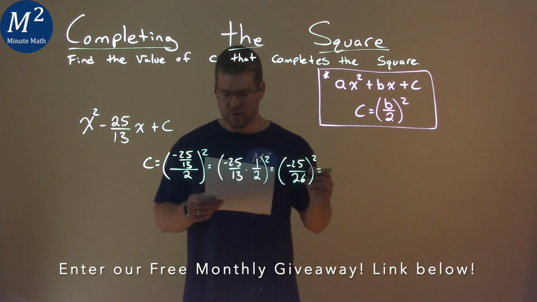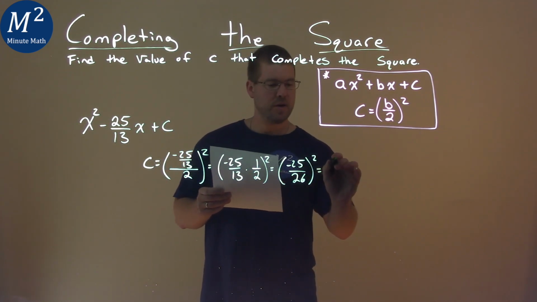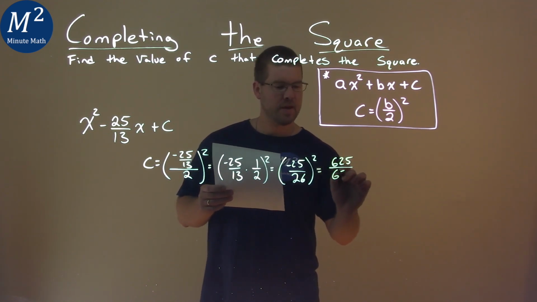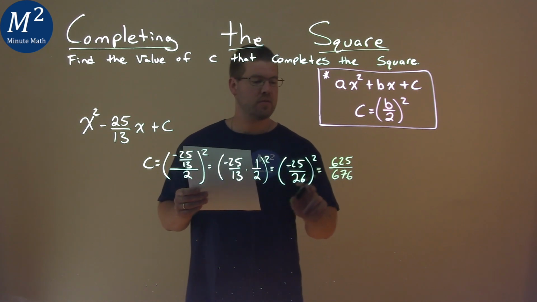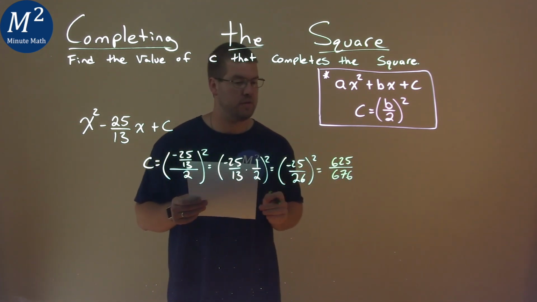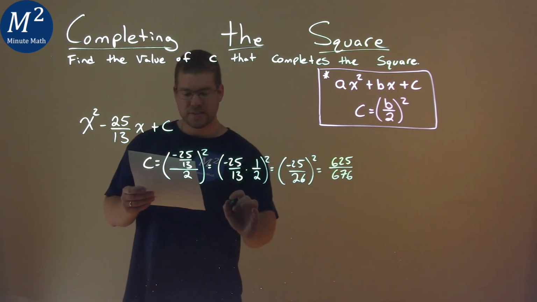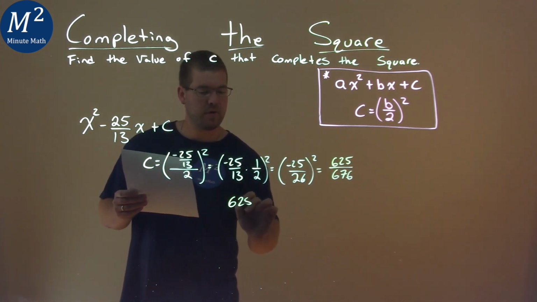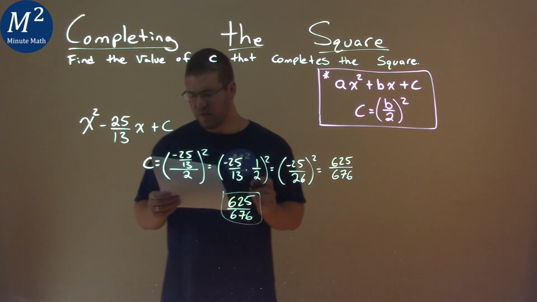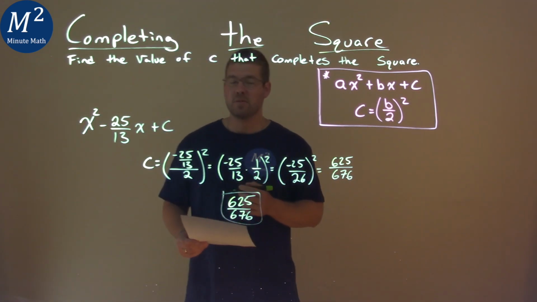The negatives cancel, and we get 625 over 676. 26 squared is 676, and negative 25 squared is a positive 625. So our c value, 625 over 676, is the c value that completes the square.